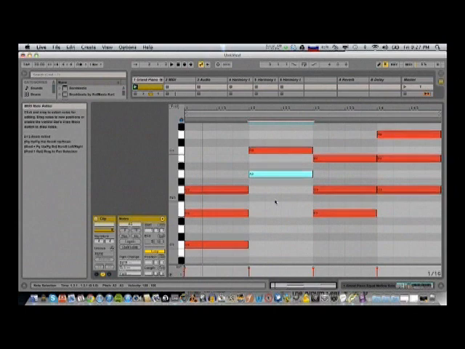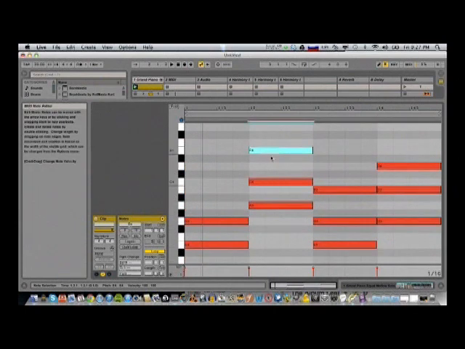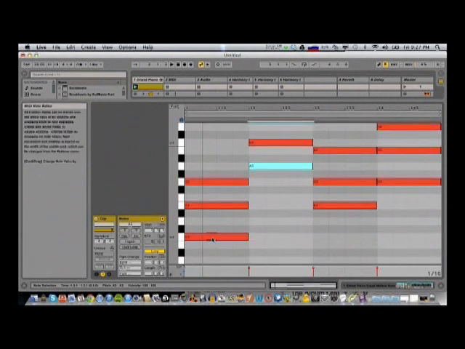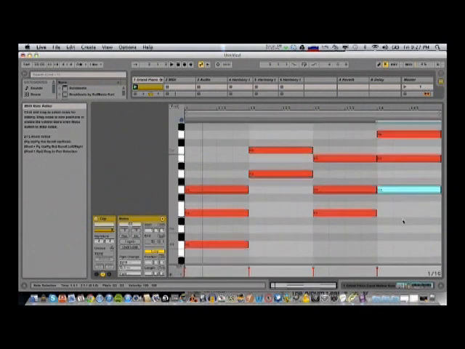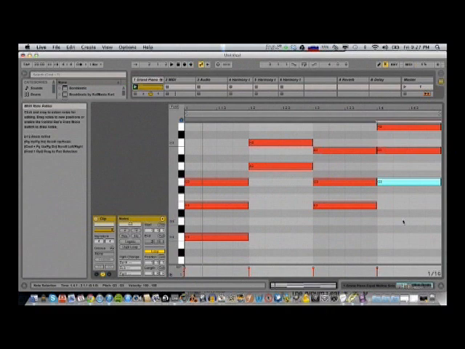All of them have the root in the bottom. We call that root position. The lowest note is the root. So this is the root of this chord. C is the root of that chord, and G is the root of that chord. The root is in the bottom. There's nothing wrong with having the root in the bottom. It's called root position. It's fine.